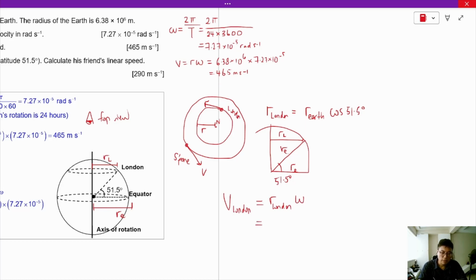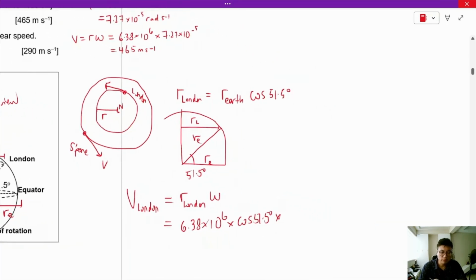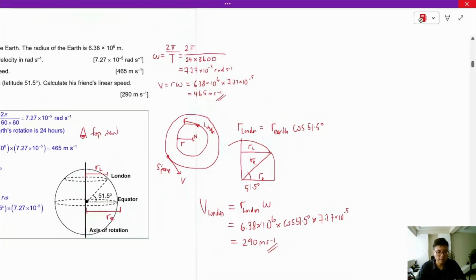So that will be 6.38 times 10 to the power of 6, that's the radius of the Earth, multiplied by cosine 51.5 degrees, multiplied by the omega. And the omega value will be 7.27 multiplied by 10 to the power of minus 5. And so that would be 290 meters per second. So notice that the London guy is moving much slower than the Singaporean guy.